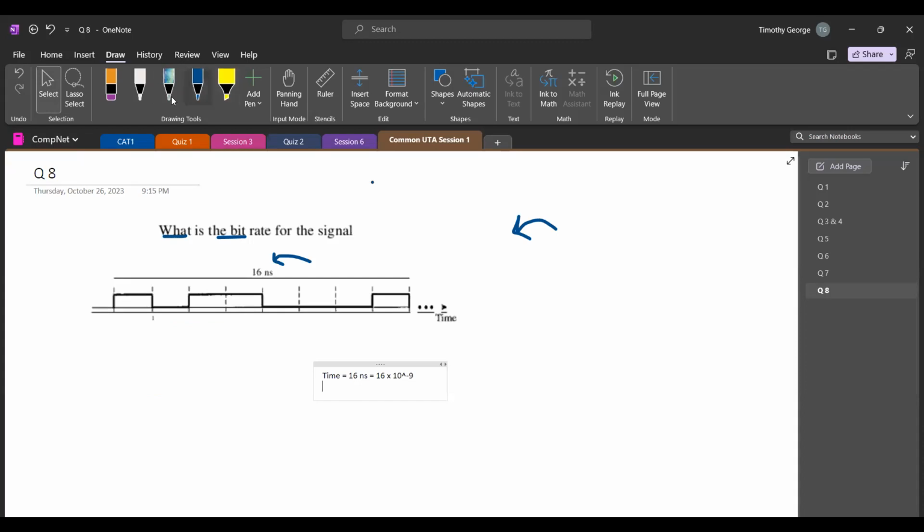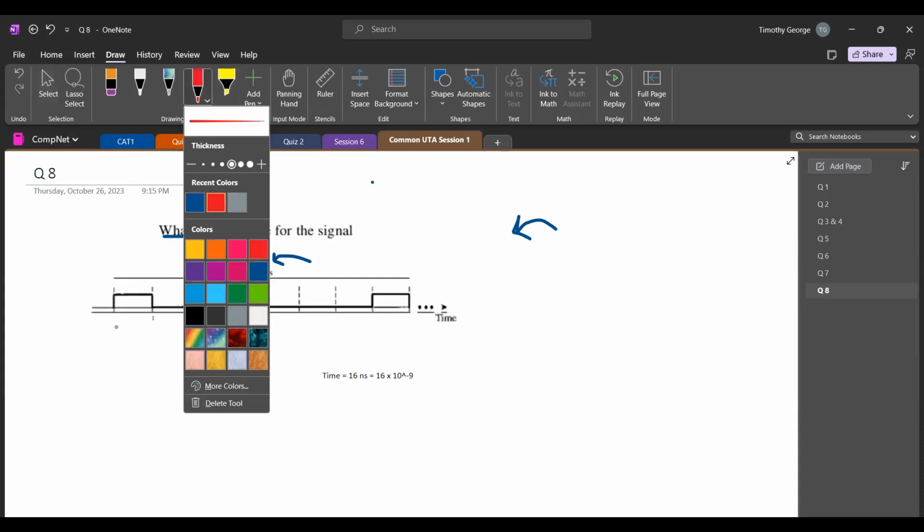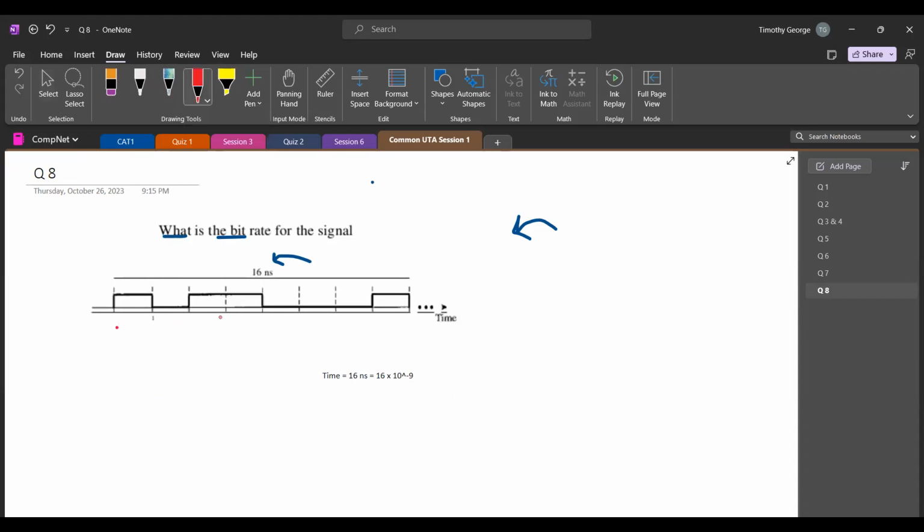And one mistake that some might make would be to say, you have a signal, you have 1, 2, 3, 4, and then say that there are 4 bits. That's actually wrong. What the signal represents is the values of the bits.